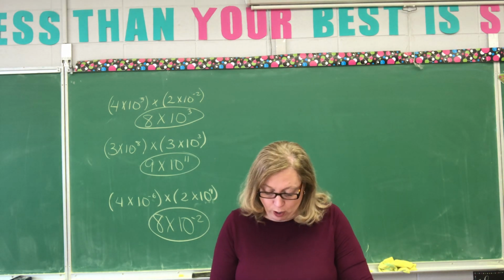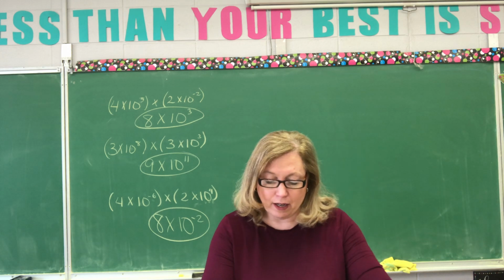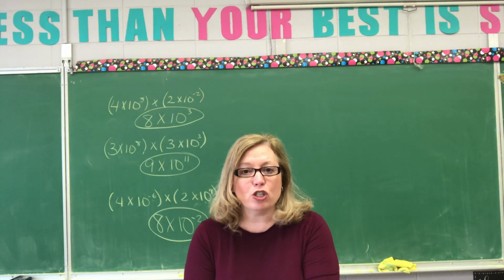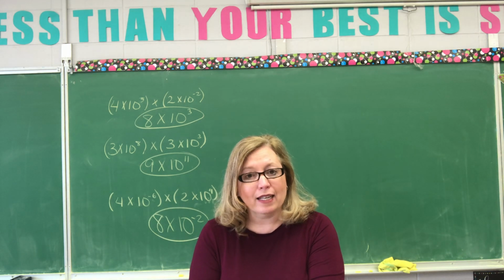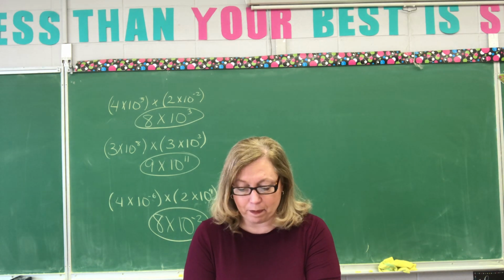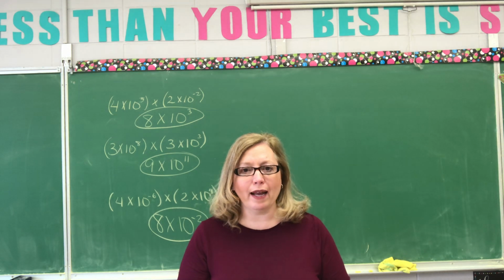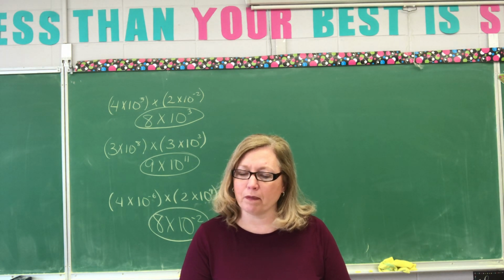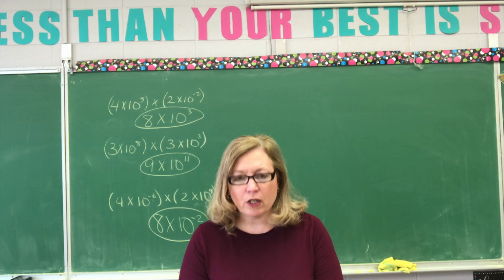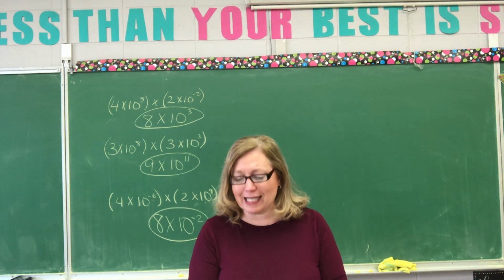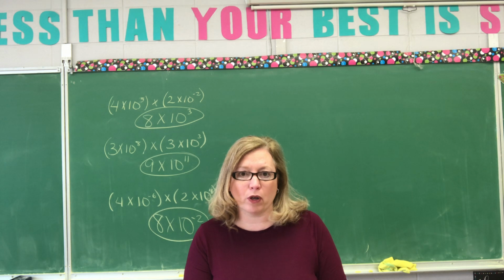Look at letter B, go across. It says 3 times 10 to the 6th power times 3 times 10 to the negative 2nd. Okay, multiply your first numbers times 10. Now put down your power. Your answer should have been 9 times 10 to the 4th power.